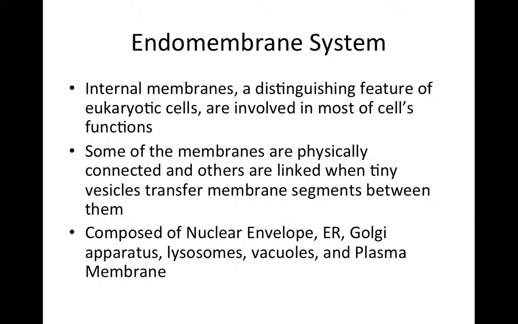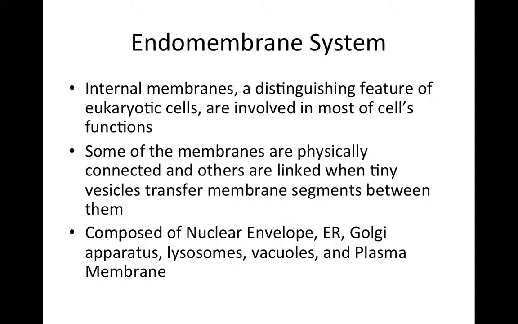But proteins are transported from the ER to the Golgi via transfer vesicles. So vesicles simply are just that. They're these little structures that form where a protein gets packaged, and part of the endoplasmic reticulum membrane actually pinches off and forms its own little bubble, if you will.